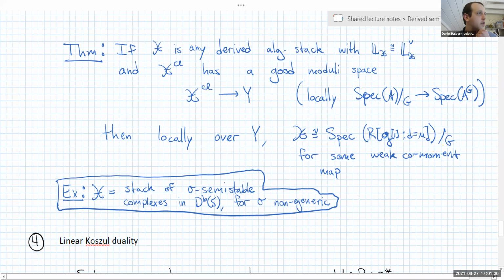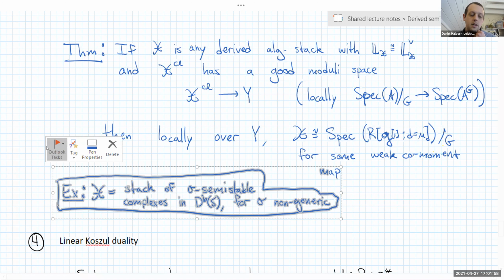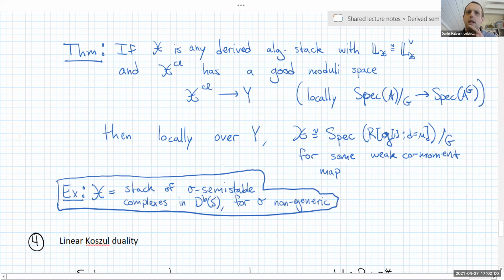There are probably better answers as well, having to do with some of the stuff under the hood that I'm not going to tell you about in terms of how this theorem is proved. Specifically, you consider the Harder-Narasimhan stratification of this derived stack, and even if the stack is classical, it can happen that the strata themselves are derived.